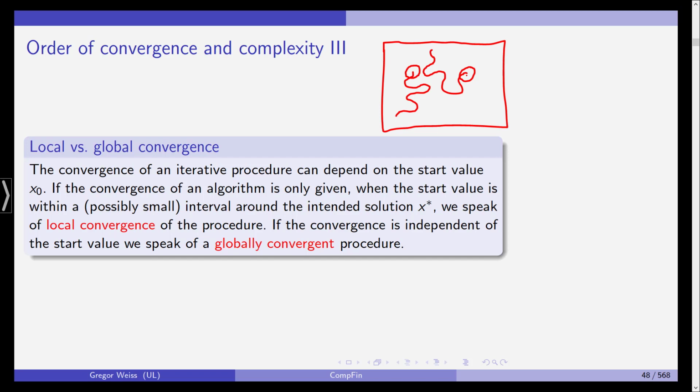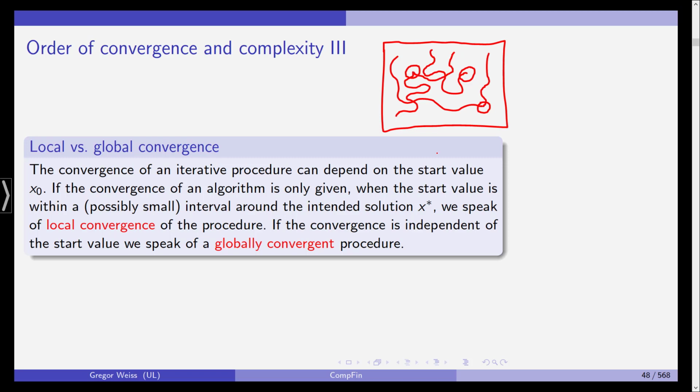The question now is, if, for example, there is a third point here, that is the global optimum, does our algorithm always find this point? Does it lead here? Is it globally converging? Or if we start here, does it maybe go to this point, to this local optimum?